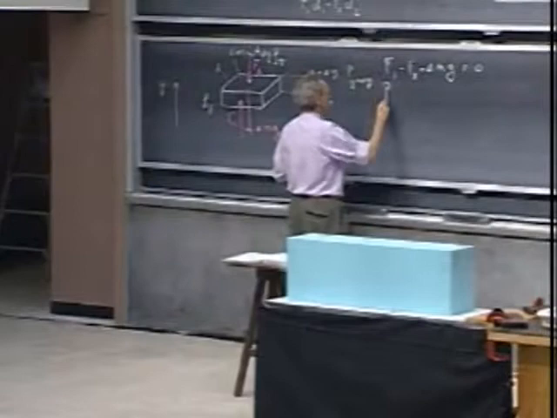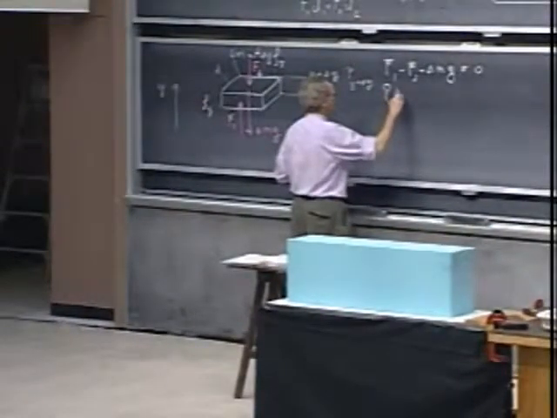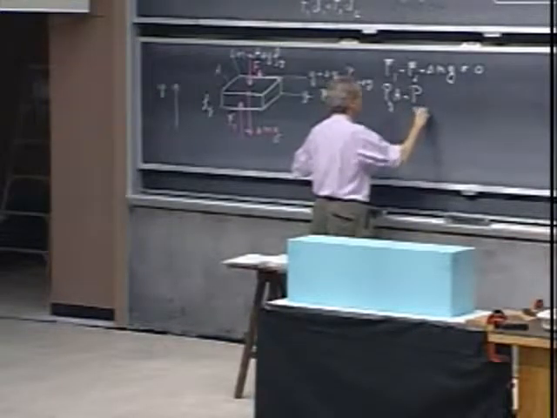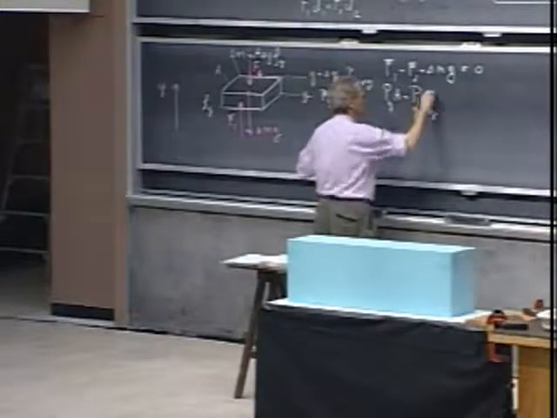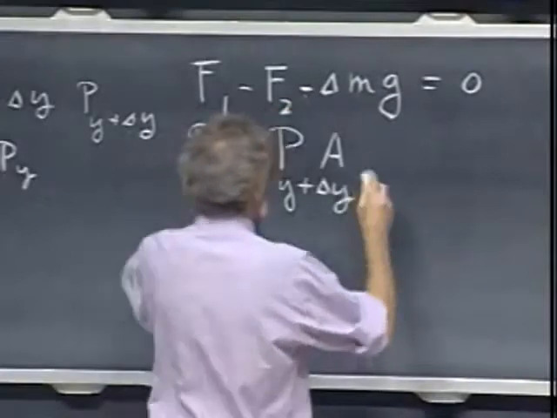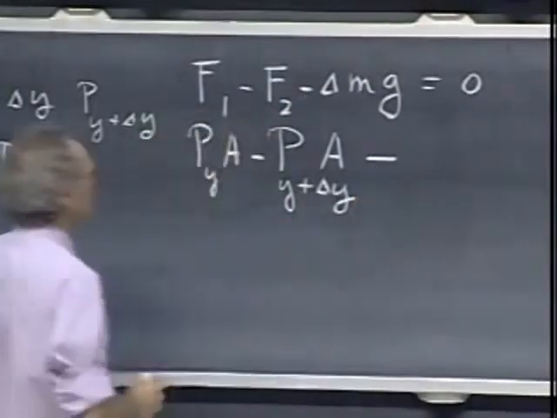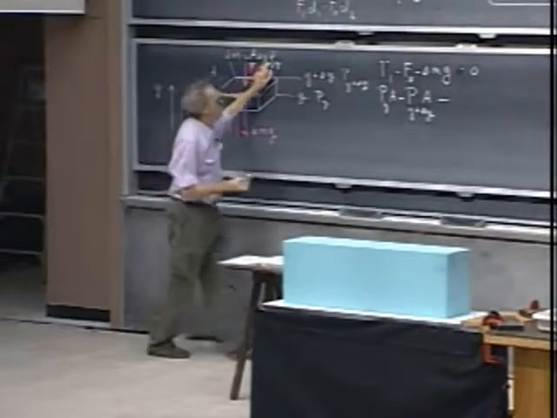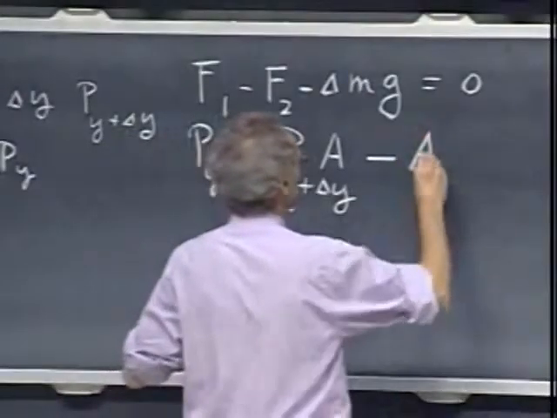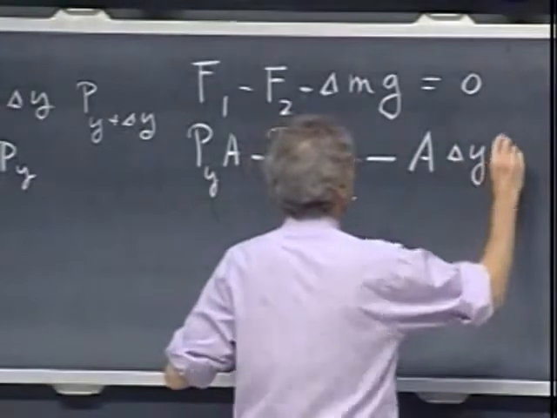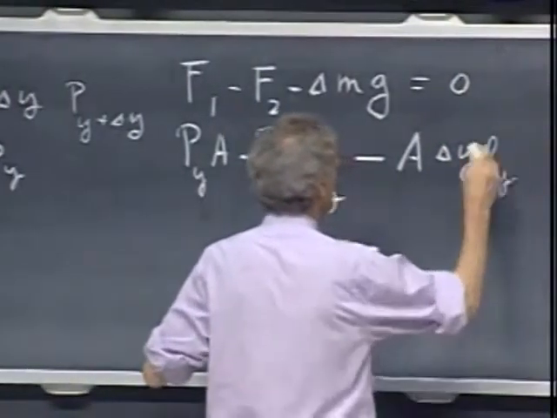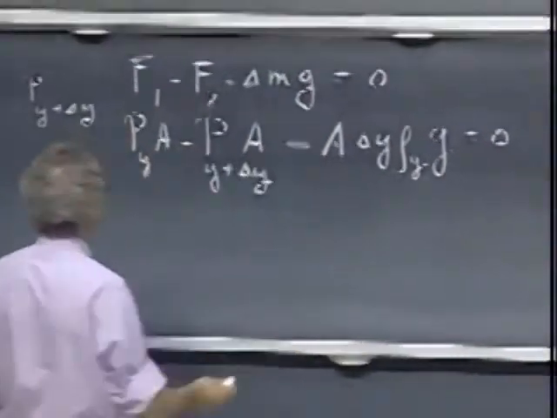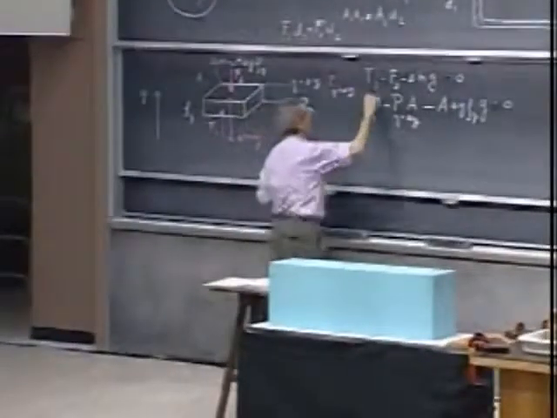So that is P at level y times the area, and F2 is P at level y plus delta y times the area, minus delta m g. Delta m is A delta y times rho, so I get minus A times delta y times rho, which could be a function of y, times g, and that equals 0. Notice I lose my area.